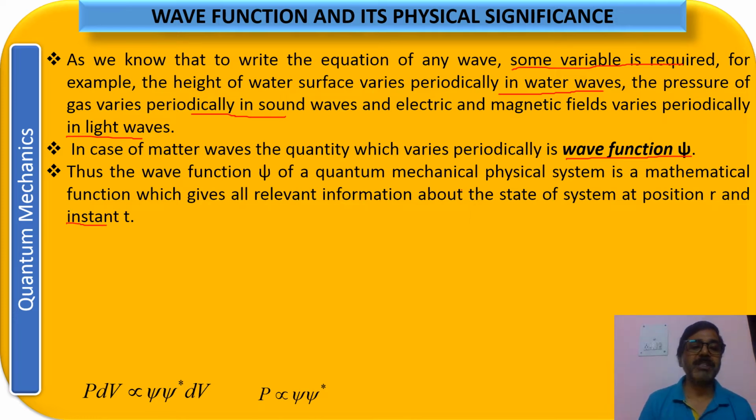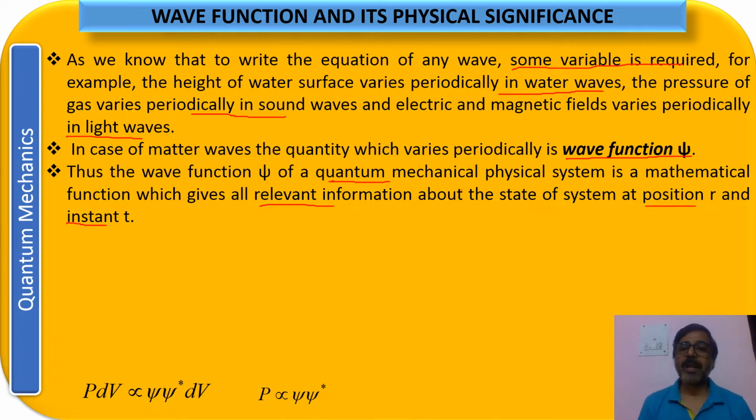So what is the wave function psi? The wave function psi of a quantum mechanical physical system. So naturally here we are dealing with quantum mechanics. So we are saying the wave function of a quantum mechanical system is a mathematical function which gives all the relevant information about the state of the system at position r and instant t.